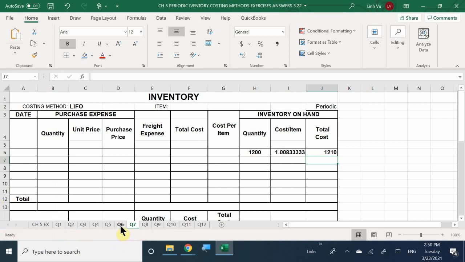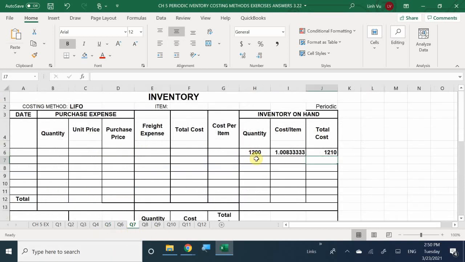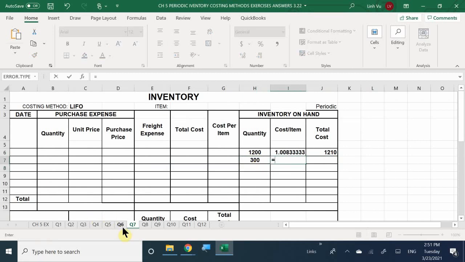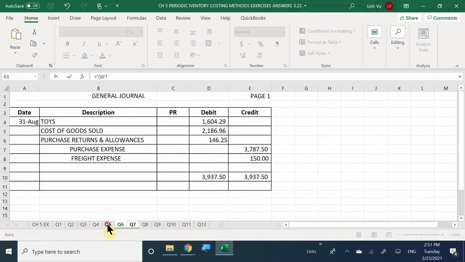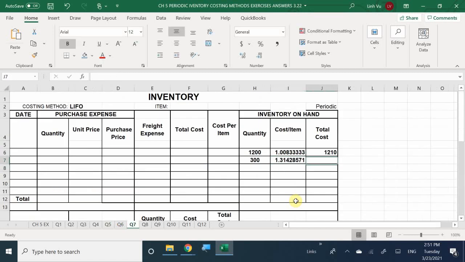Which is for my second batch for 300. Okay. And its cost per item is going to be the $1.31 for 2. Now I'm going to go ahead and multiply those across.